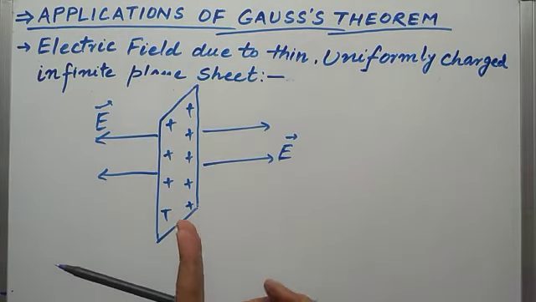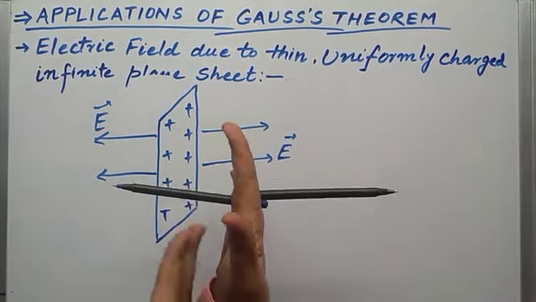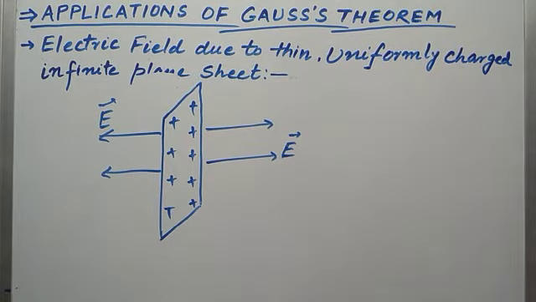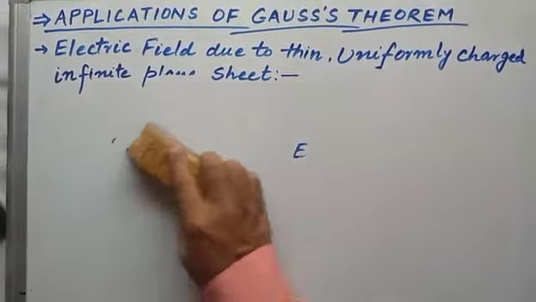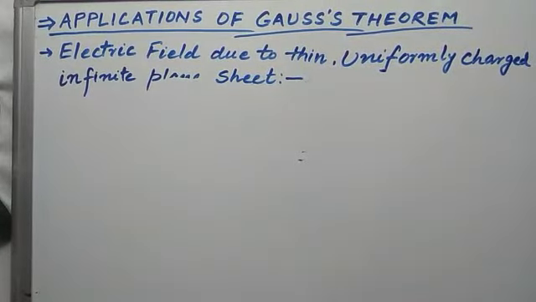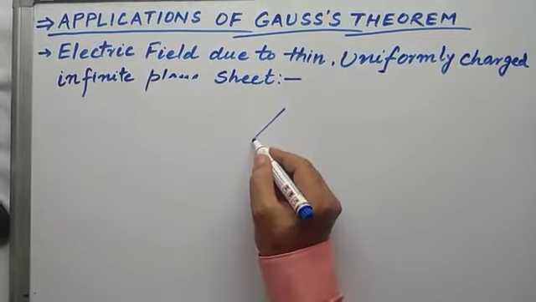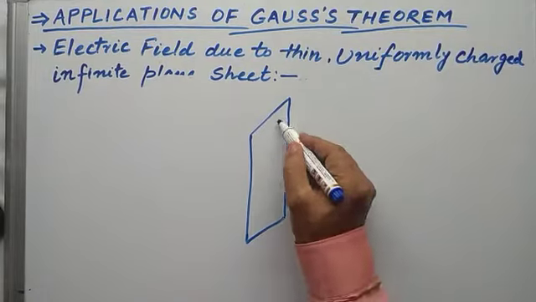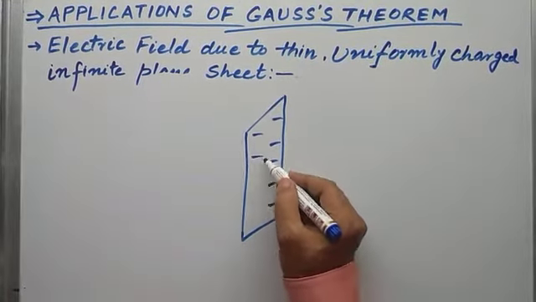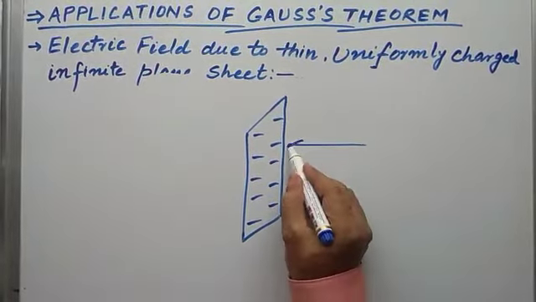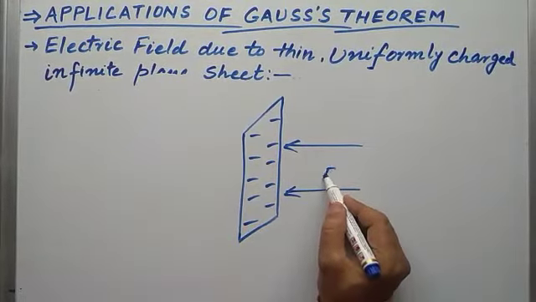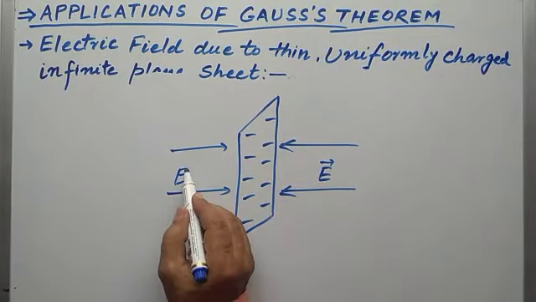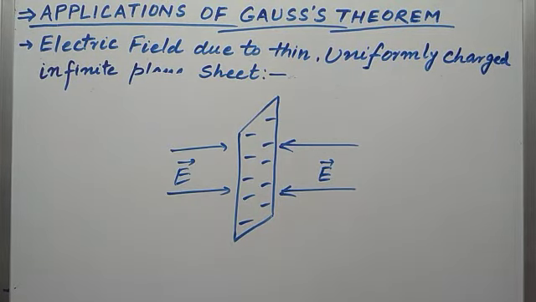These are the electric field lines, normally outward for the positively charged sheet. If the charged sheet is negative, then again we can draw the electric field lines. Suppose the sheet is negative, then this is the direction of the electric field due to the negatively charged sheet.